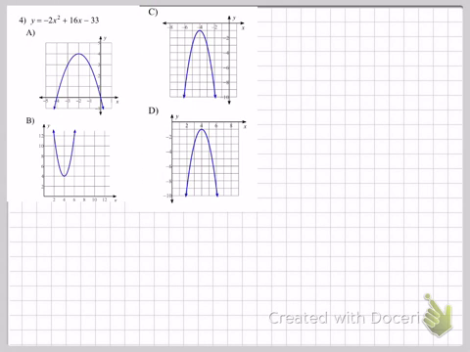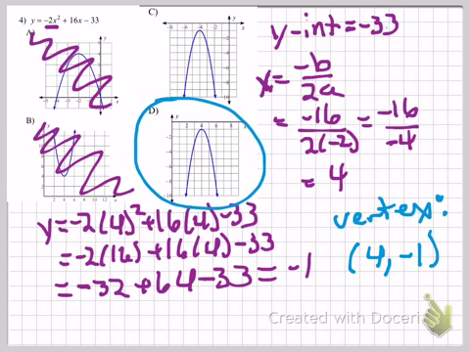Here's example 4. Let's try it again. Be sure to pause the video, try it out, and then come back and check your answer. Okay, so we see here in number 4 that it was a -2 for our A value, meaning our graph opens down, so we were able to eliminate B. Then, if I found the y-intercept by making the x 0, I got that the y-intercept was -33.